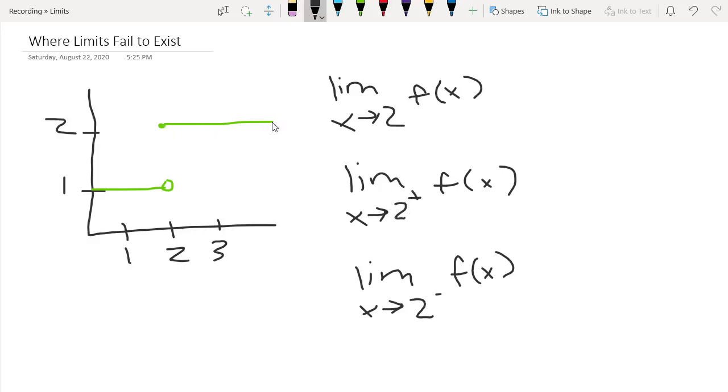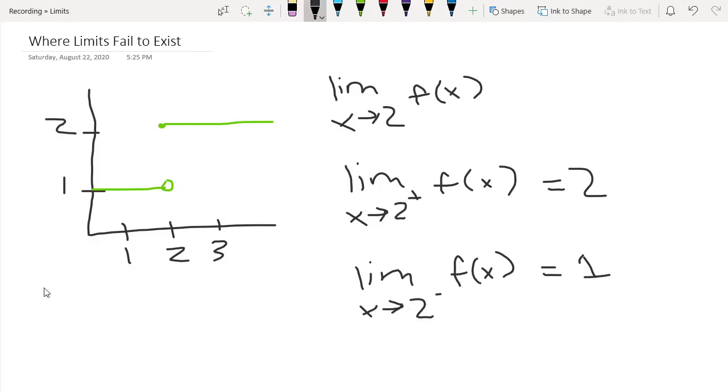So we can see clearly that as x approaches 2 from the right, the limit is 2. And as x approaches 2 from the left, we can see that it is 1.